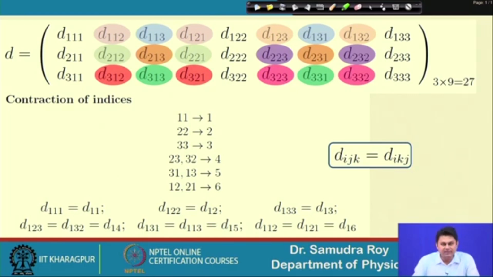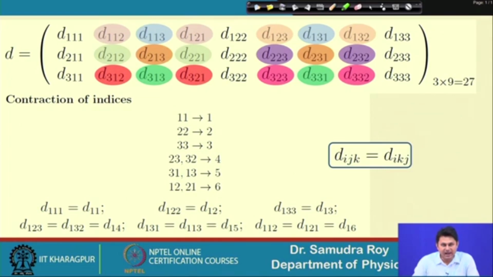This is the D matrix as shown here in this slide. In principle it should have 27 different components. As you can see, the number of components is 27, but there are a few components which are shaded by some color, and these particular components colored with the same shade are in fact the same value.